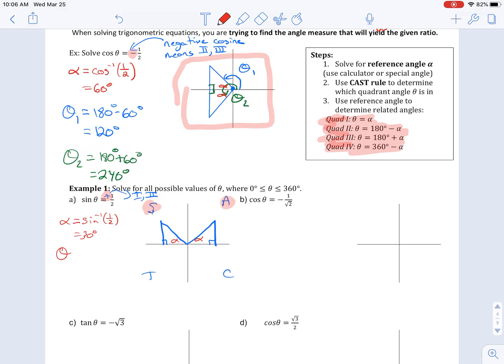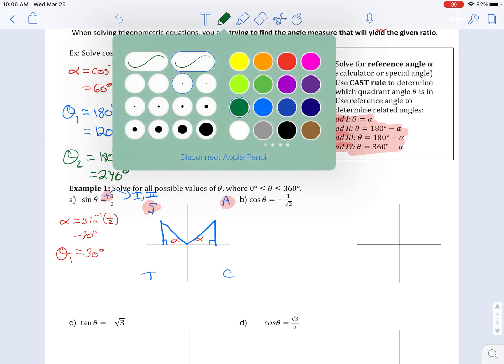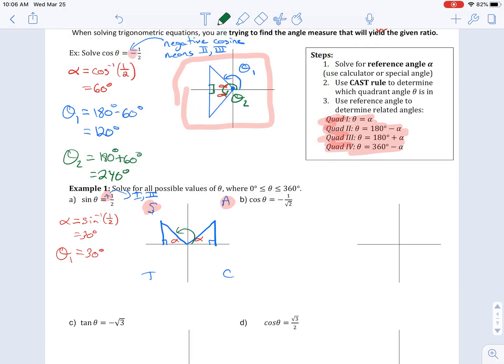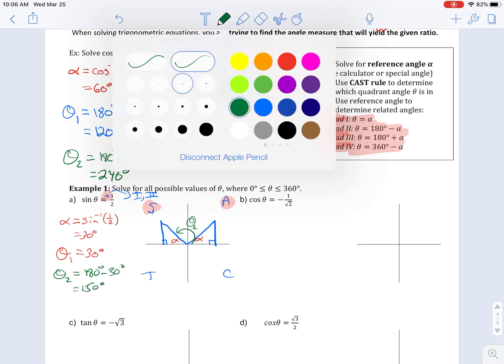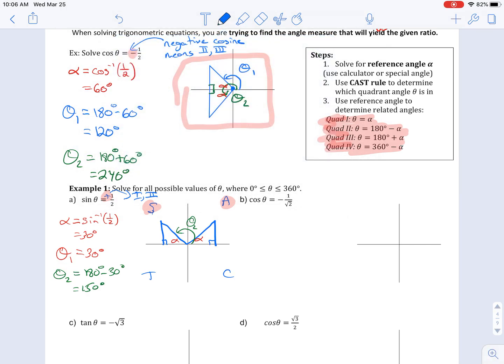So that means one of your answers, theta, let's call it theta 1, is going to actually just be 30 degrees. The second angle, though, is going to wrap to that second terminal arm. We'll call that theta 2. So theta 2 is going to be 180 minus 30, which is 150. There's our two answers. Not too bad.